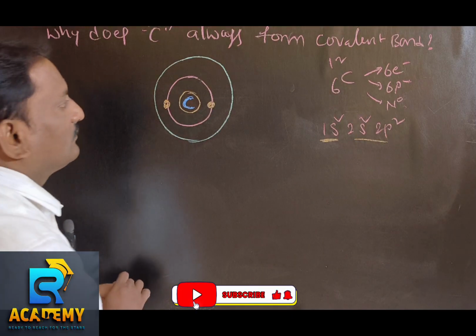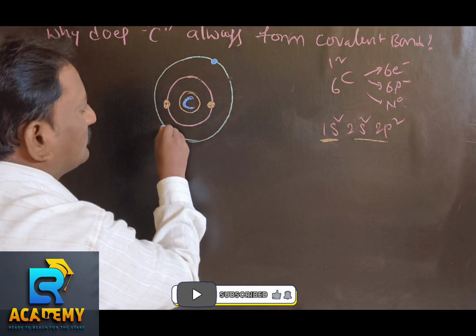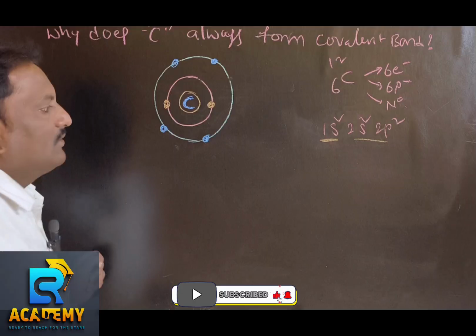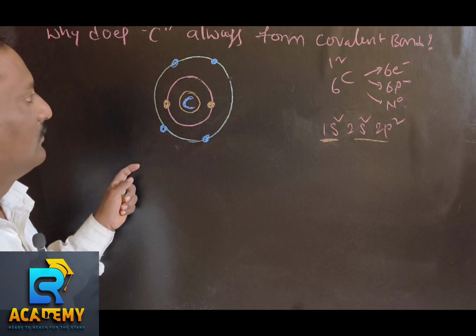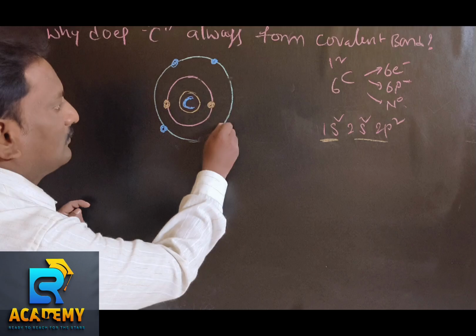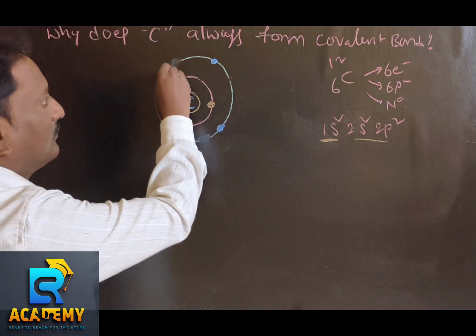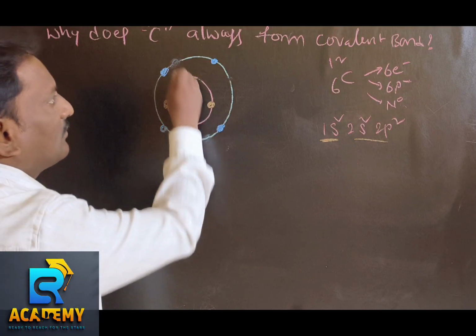In the second shell, 4 electrons. This is the electronic structure of carbon.